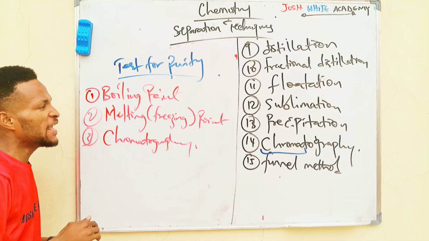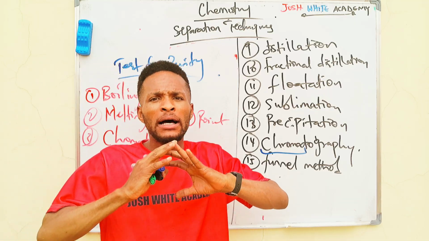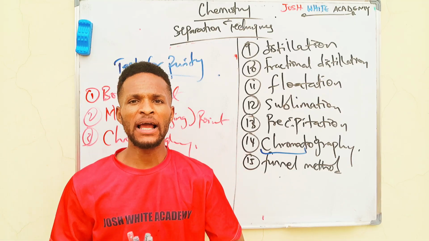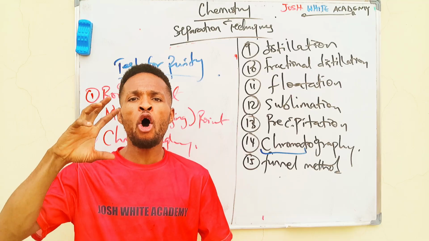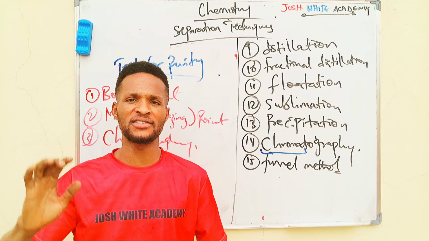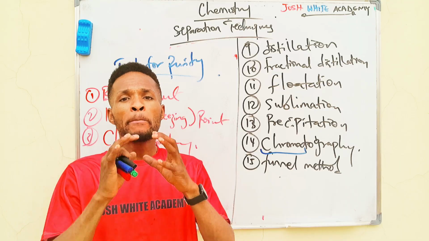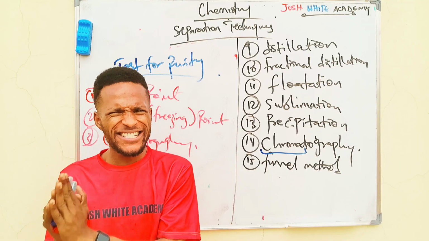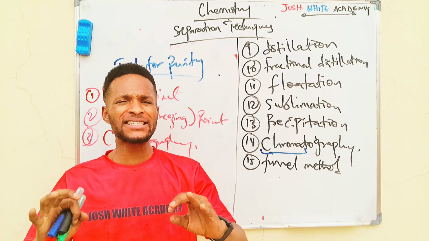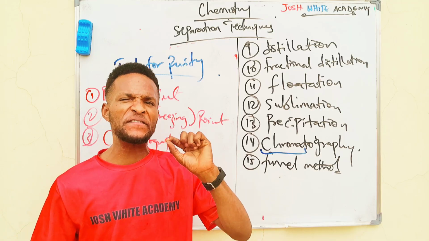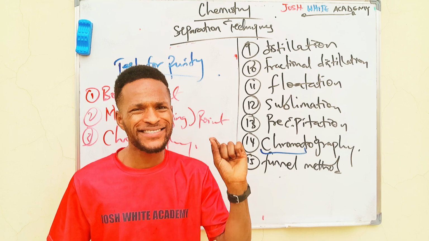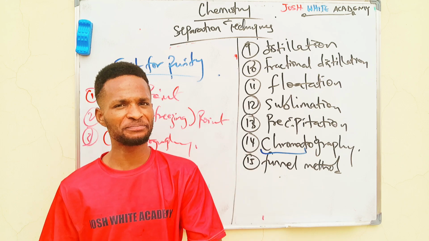Now, every pure substance has a definite boiling, freezing or melting point. For example, pure water or distilled water boils at 100 degrees Celsius and freezes or melts at 0 degrees Celsius.